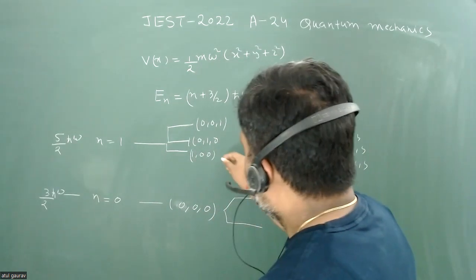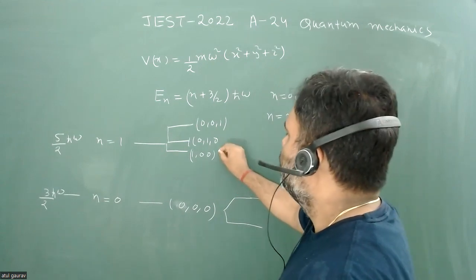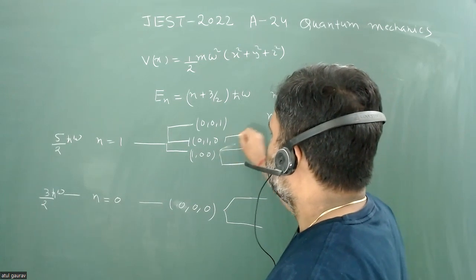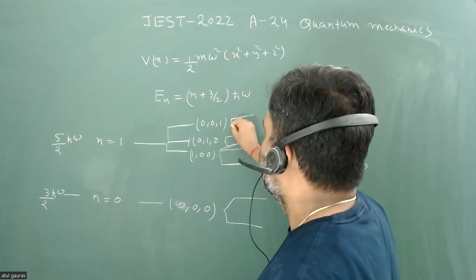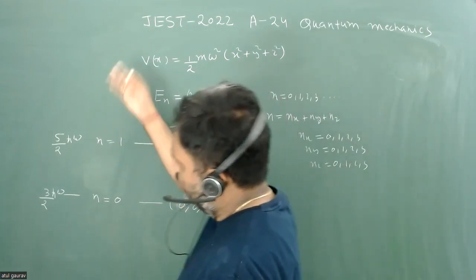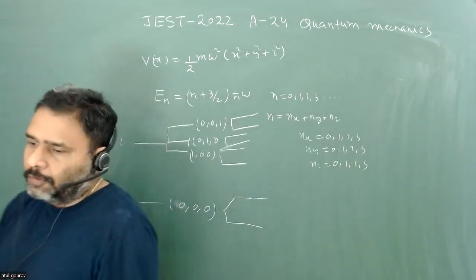Now, if we include the spin, then each of these can be further divided into two states. And next we can go to the next level and so on.